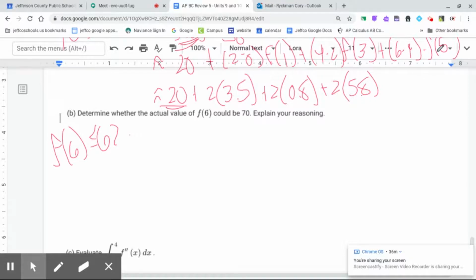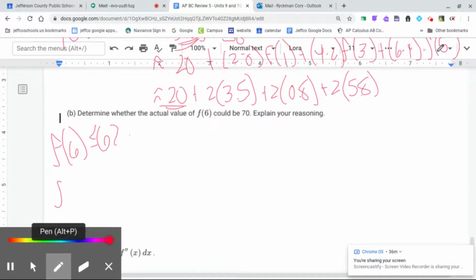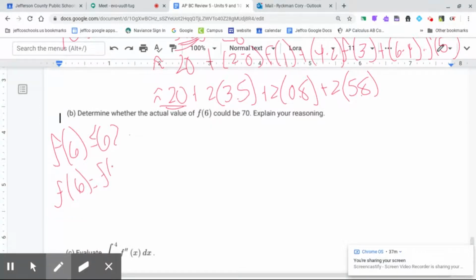So I actually started by saying, what is f at 6 even going to come from? Well, I know from previous that f at 6 comes from f at 0 plus the change from 0 to 6, yeah? So I'm thinking, well, why would that be? Why couldn't it be 70? Sure, why not? Well, are there restrictions on this?